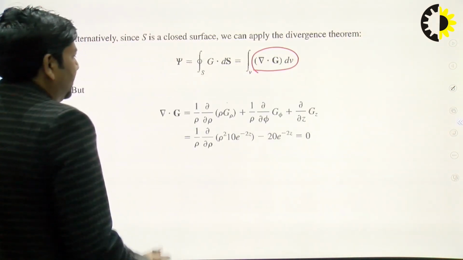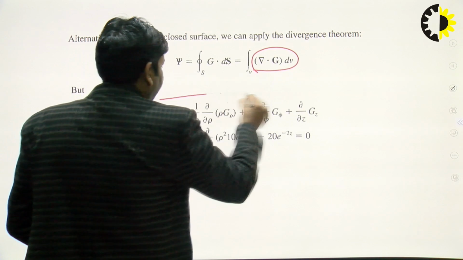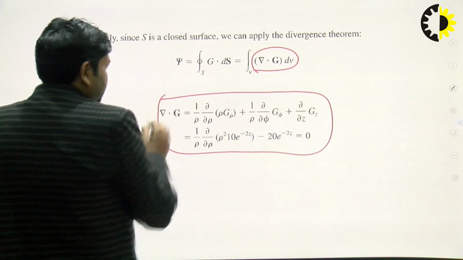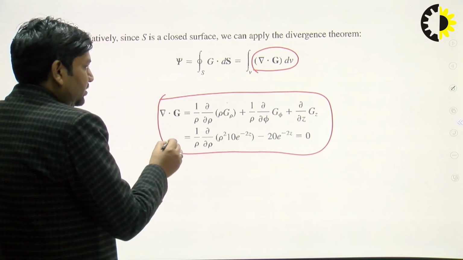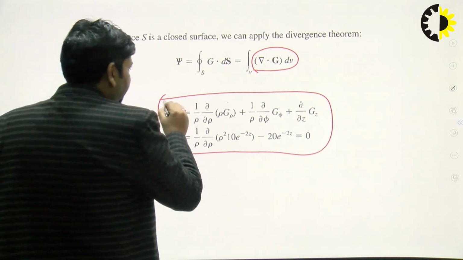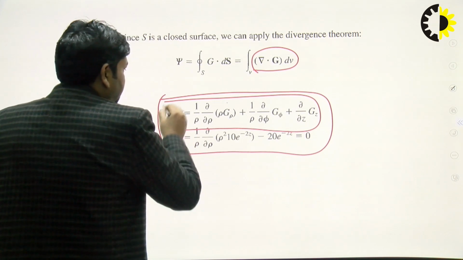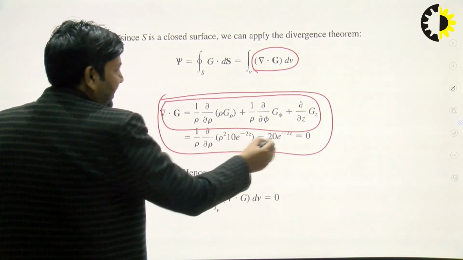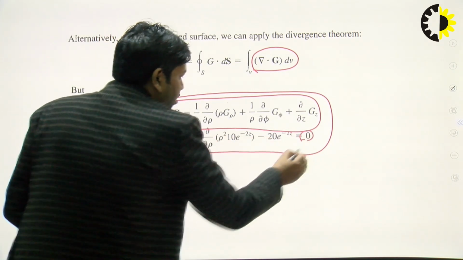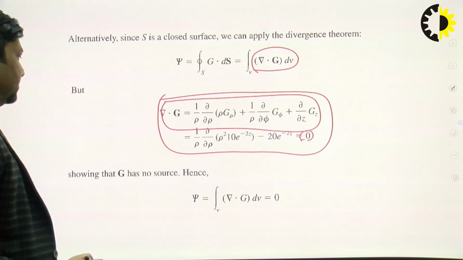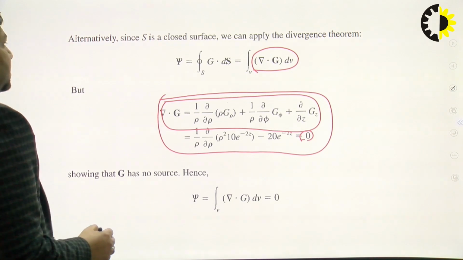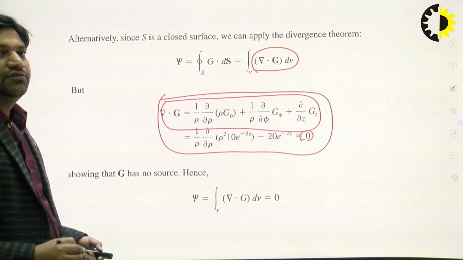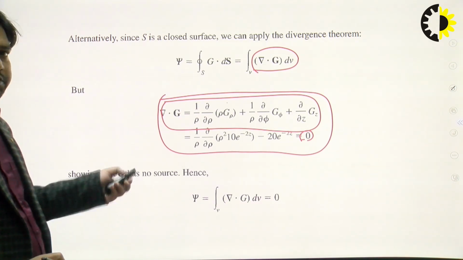Using the volume integral, we calculate del dot G, putting in the divergence in the cylindrical coordinate system, and we see that this is also 0 by the Gauss divergence theorem. The total outward flux from G dot dS is equal to 0.